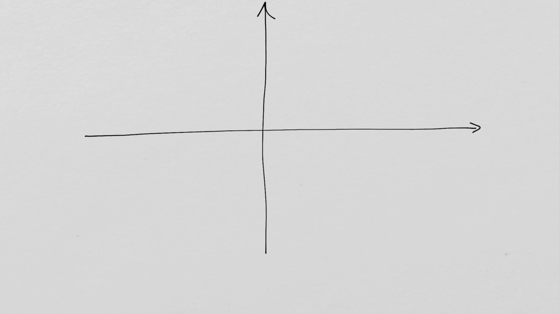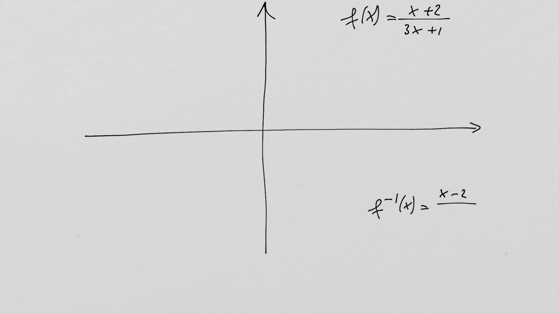We can graph the function. This function whose inverse function was this one, x cannot be 1/3 and x cannot be minus 1/3. We can mark the problem points here.